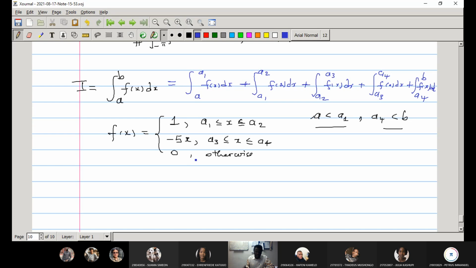Now, if I substitute, I only have these two values, the rest is 0. So from A1 to A2, f here is equal to 1.